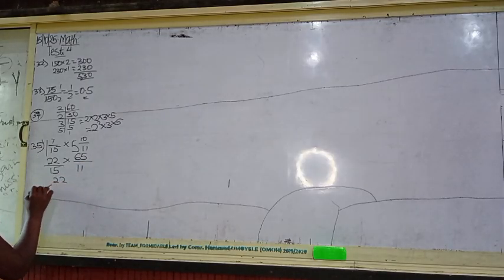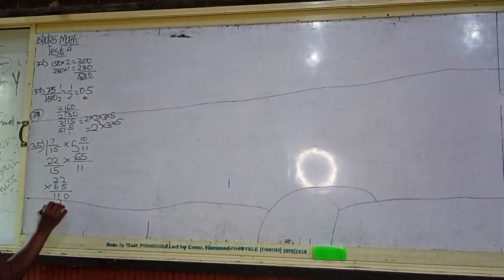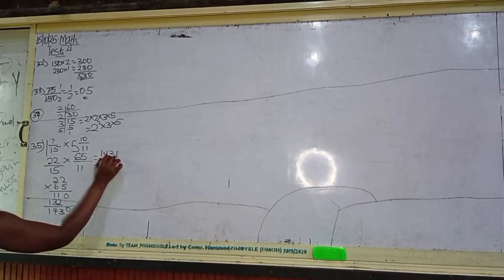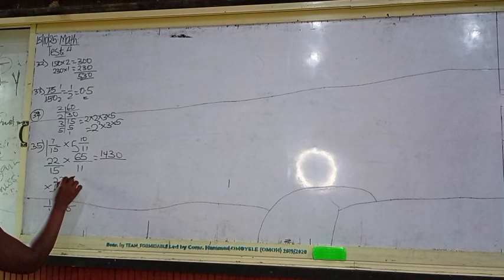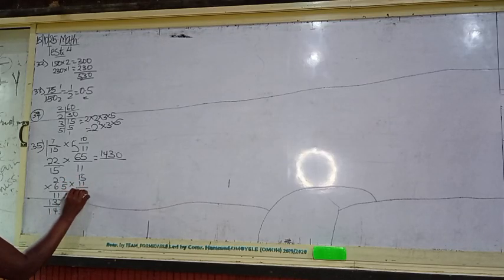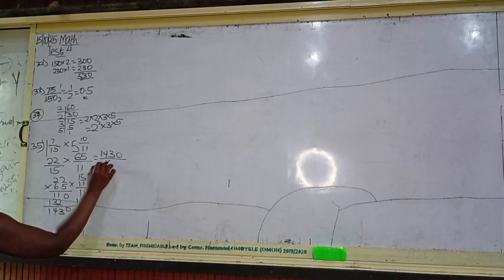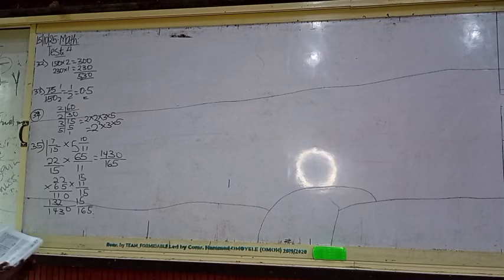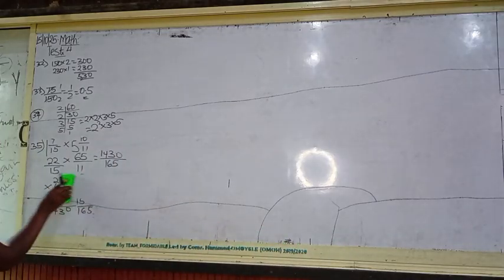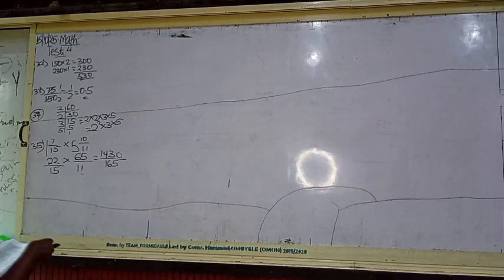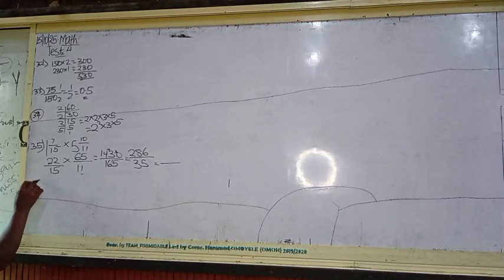So let's do 22 times 65, which gives 1430, multiplied by 15 multiplied by 11. Let's do our cutting. Okay, let me leave the cutting part for you, so you can cut it and let me have the answer in the comment section.